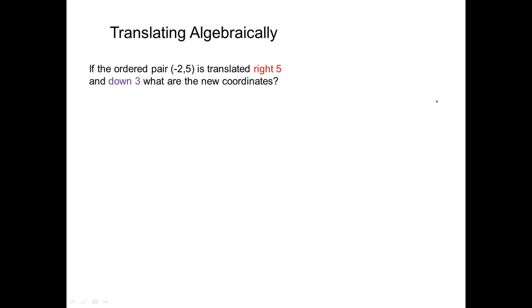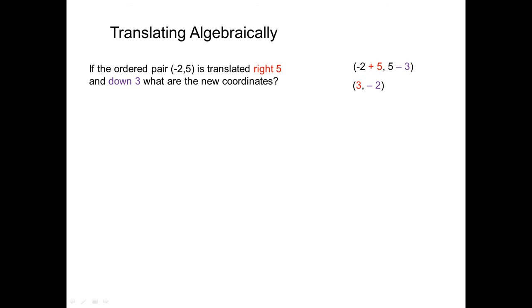So, translating algebraically: if the ordered pair negative 2, 5 is translated right 5 and down 3, what are the new coordinates? Without actually having to draw it, you want to add 5 to your x-coordinate, because you're going right 5. That means we're adding 5 in the x direction, and down 3 in the y direction.